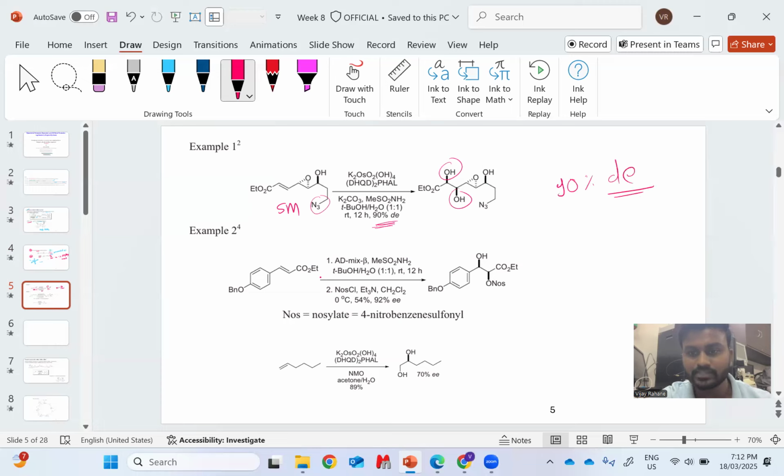Why is this diastereomeric excess? Because there are already three different chiral centers present in the molecule. That is why we write diastereomeric excess, shortened to DE. If there were only one chiral center, we would generally write enantiomeric excess, the EE. But here there are already many chiral centers, so the product is formed in diastereomeric excess.